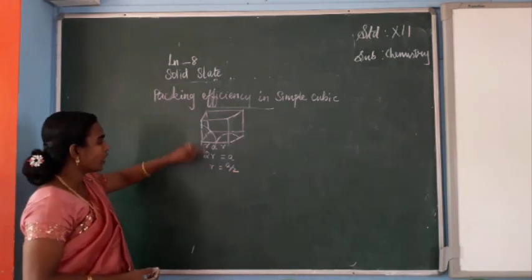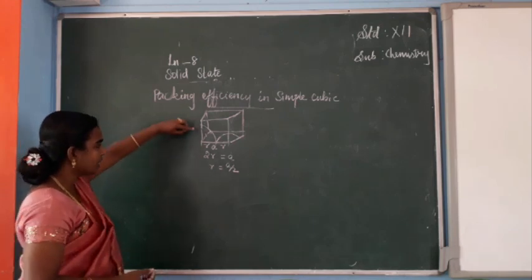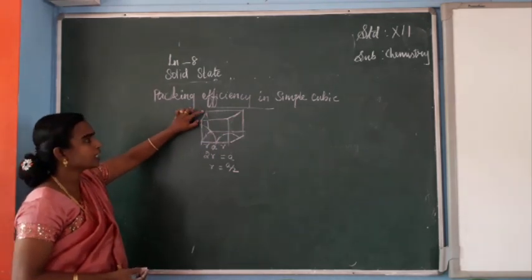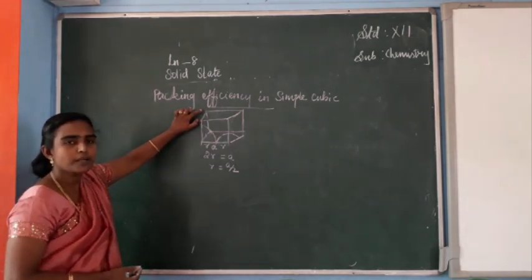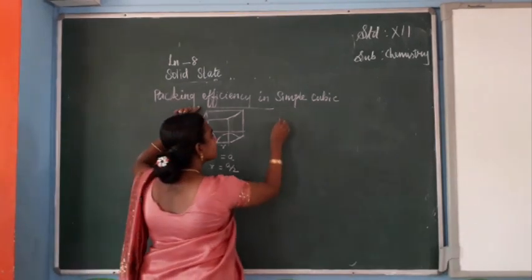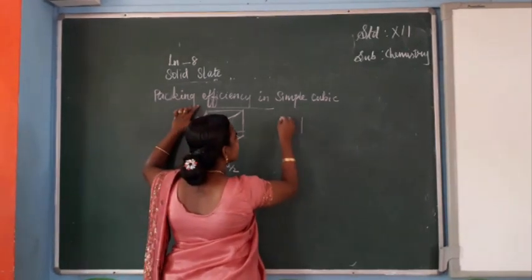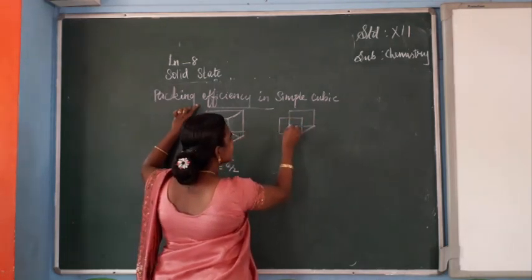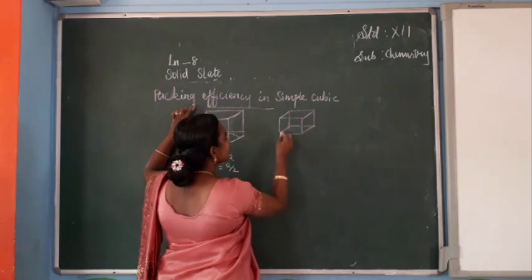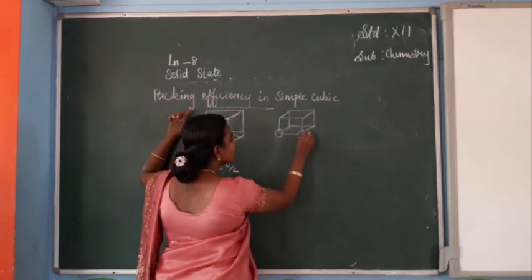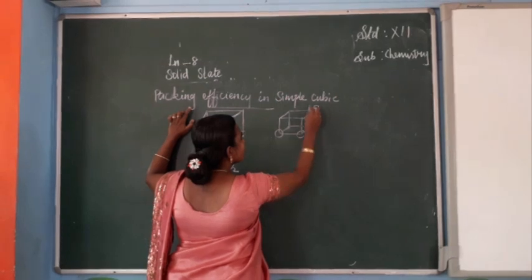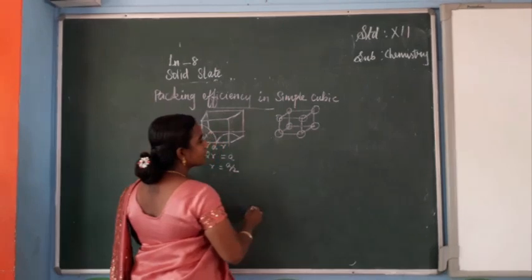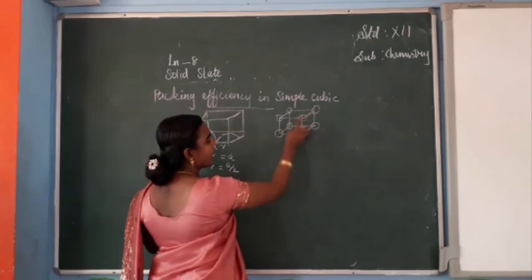Why we have to take this R value: consider each corner occupied in a simple cubic arrangement, as I have already explained. So simple cubic arrangement like this. Each cube has 8 corners. If all the corners are occupied by atoms like this, totally how many corners are there? 8 corners are there.